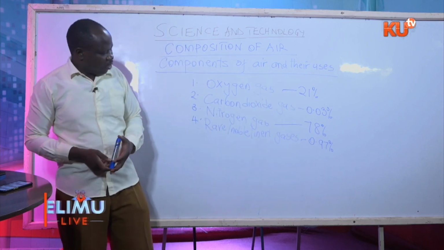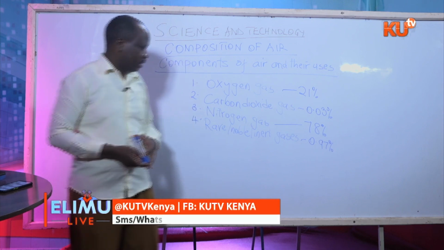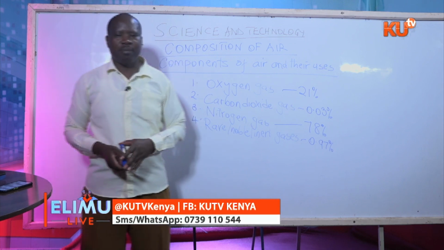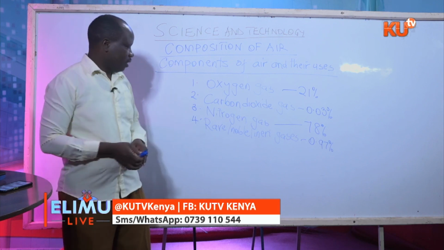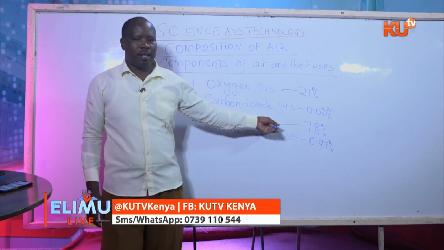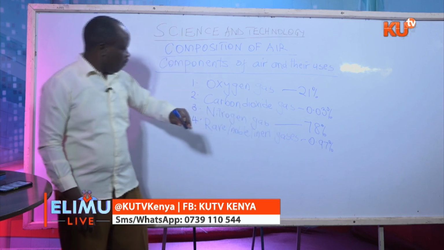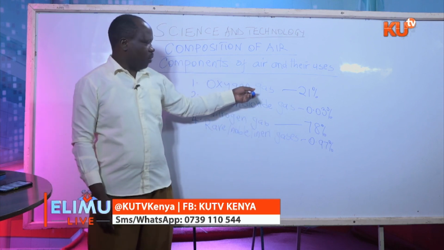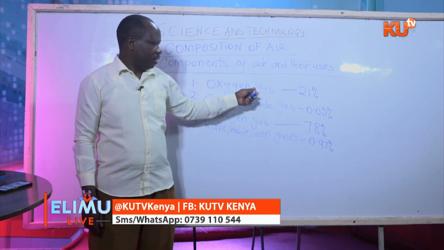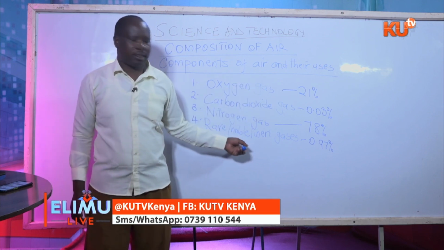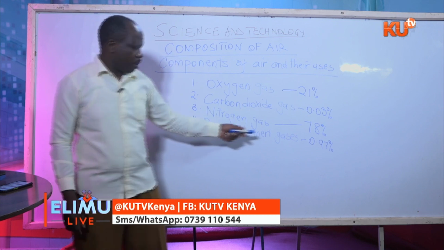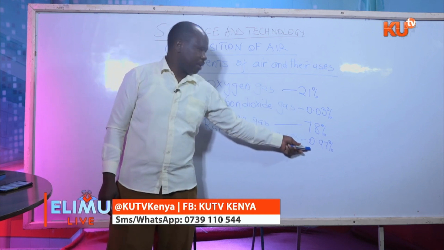So, in case you're asked which component takes the biggest percentage or share of components of air, then nitrogen takes the biggest share, followed by oxygen, which is 21%, takes the second share. Number 3, we have the noble gases that take up approximately 0.9%.